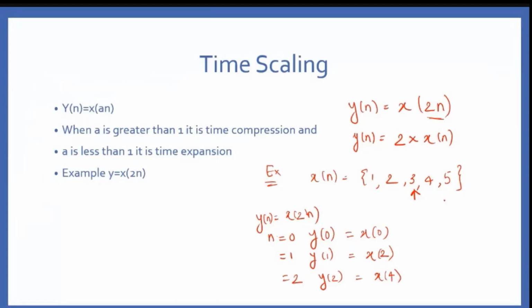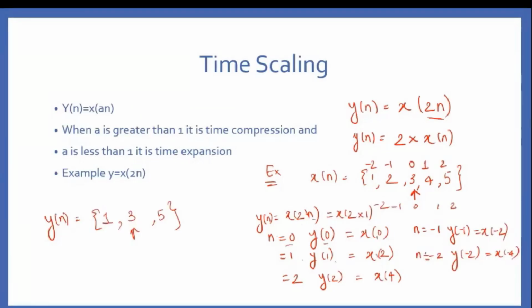But do I have a value of x[4]? Is there any value? No, right? So I will stop here. Now we will see for negative values. At n equal to minus 1, my y[-1] will be equal to x[-2]. You are understanding, right? And at n equal to minus 2, it will be x[-4]. Till here you are clear?